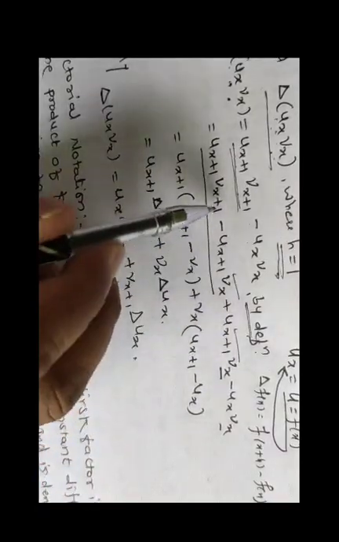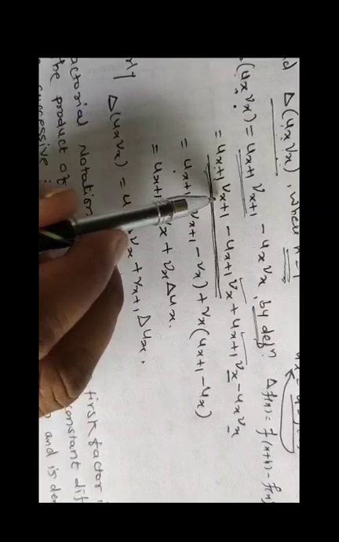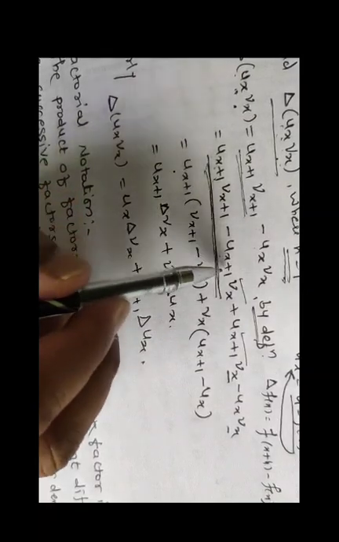After adding and subtracting, from the first two terms we can take u(x+1) common. The remaining term is v(x+1) minus v(x). From the next two terms, v(x) is common.